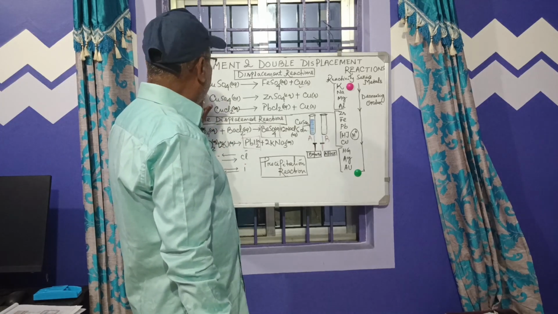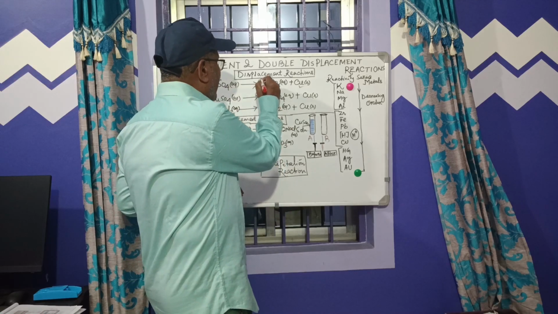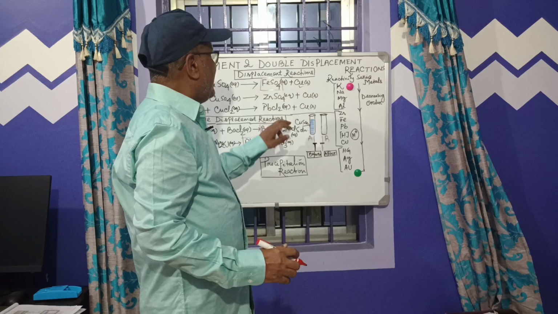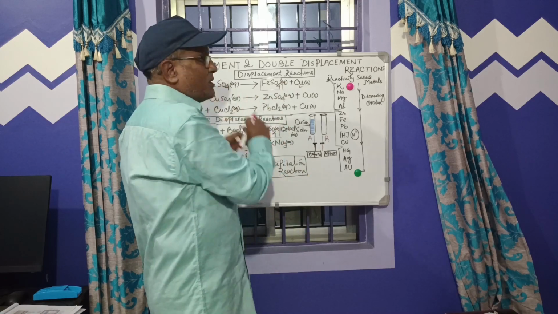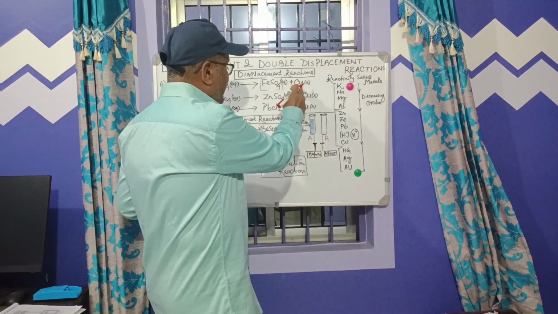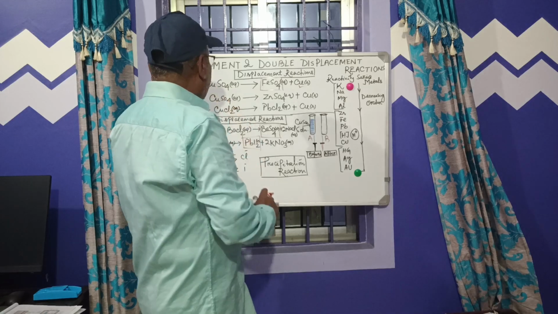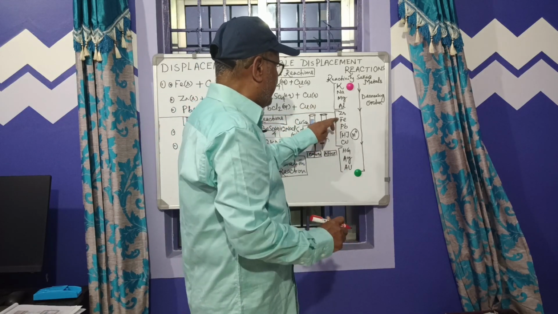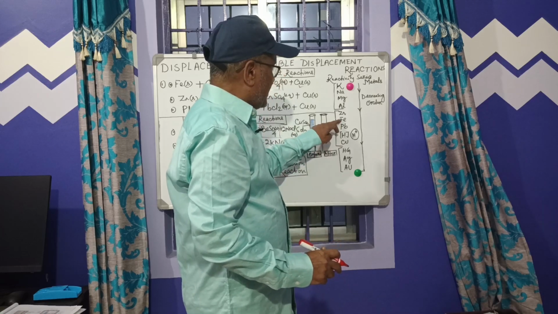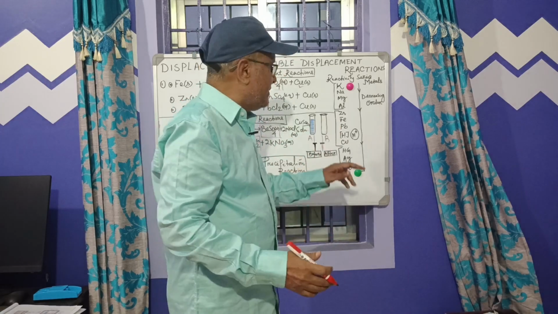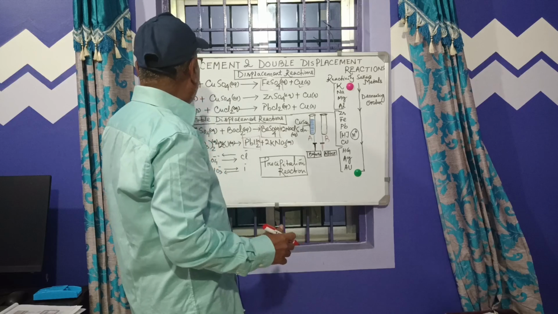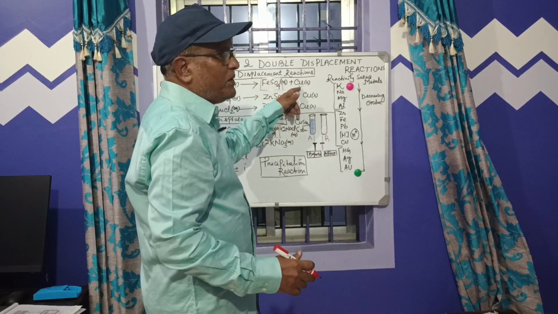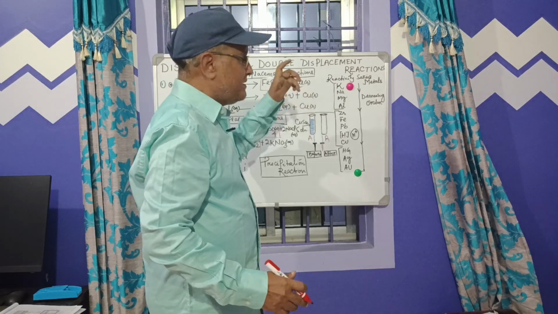When they react, they form iron sulfate, ferrous sulfate solution, and copper is displaced from copper sulfate by iron. Now compare: the position of iron is here, and copper is here. So iron is more reactive than copper. Naturally, iron displaces copper from copper sulfate, and metal copper is obtained.